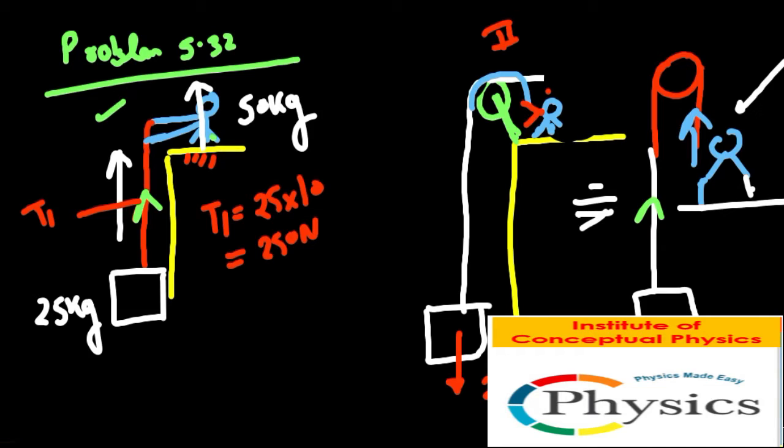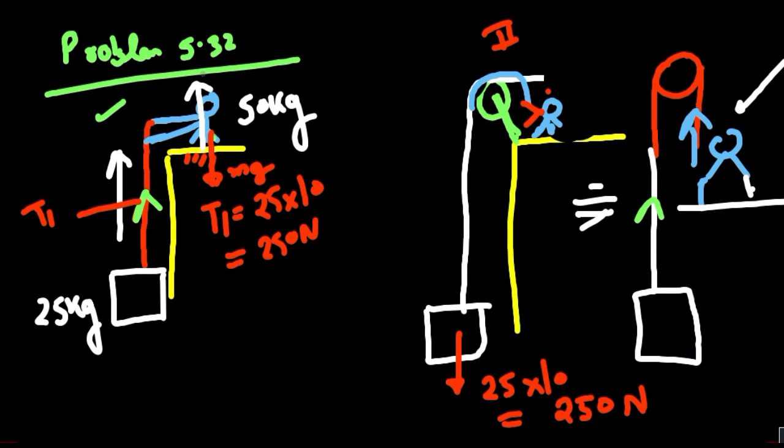The weight of the man himself is acting downwards, this is mg, where m is for the man, and this is the normal reaction which I've shown. And then the man is also experiencing a downward force, that is, some tension.